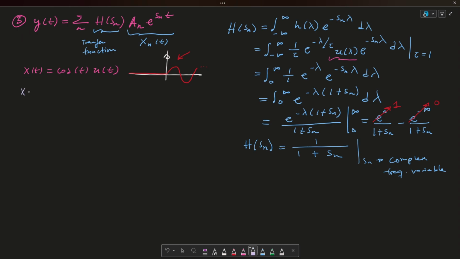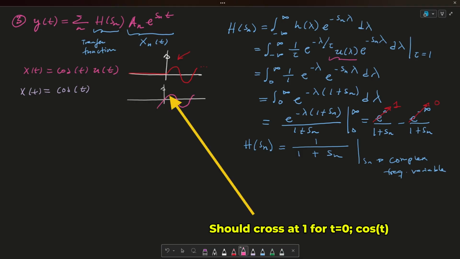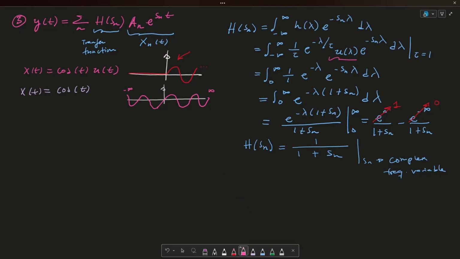In order to do so, I can say that x of t is simply equated to cosine of t, where if I wanted to draw cosine of t here, I'm left with something that looks like this from negative infinity to infinity. Now, since this function is a continuous system or a perpetual system, I can go ahead and use this equation. Now, in order to break down x of t into the addition of these complex exponentials, I can do a couple of things. The first thing I can do is apply the inverse Euler's identity of a cosine function.